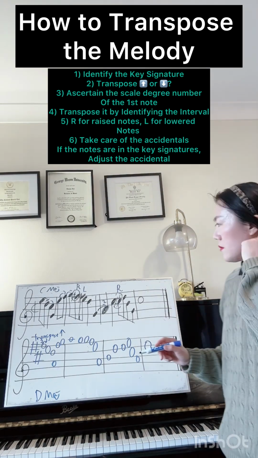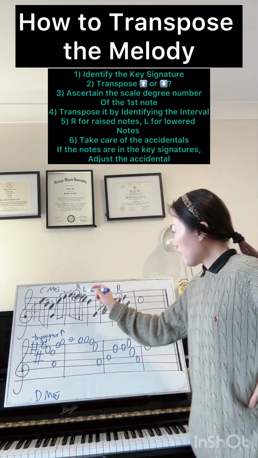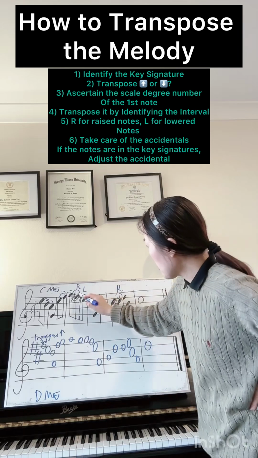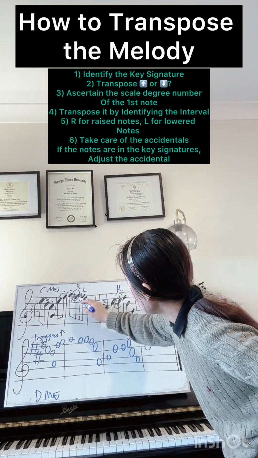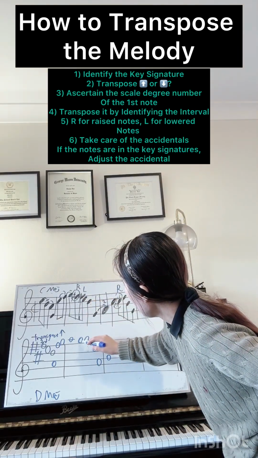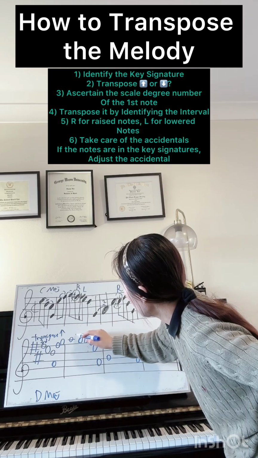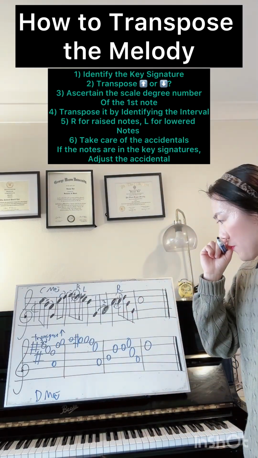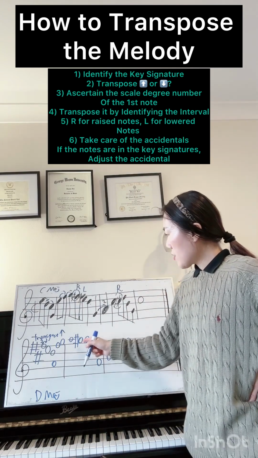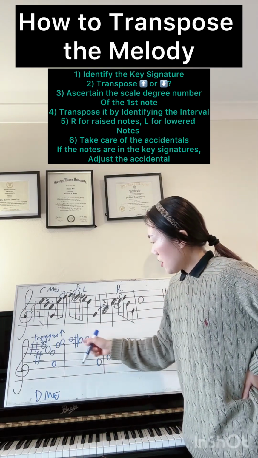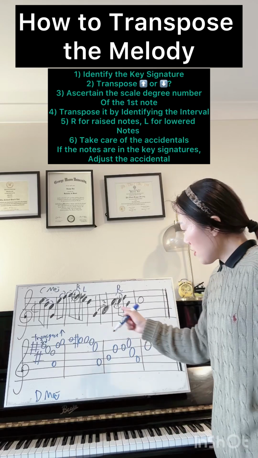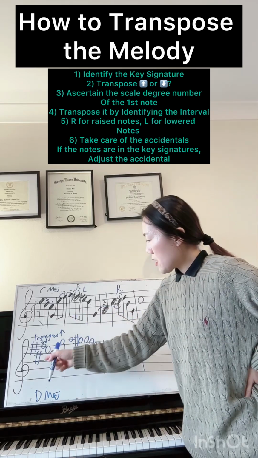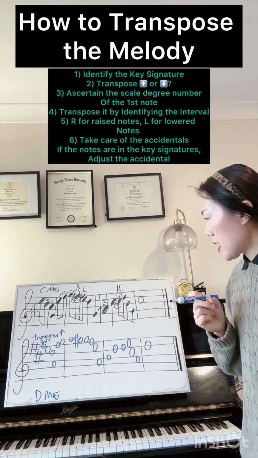So all good. So now we have to take care of those notes having raised and lowered, right? So let's go with the first one that has been raised by a semitone. So this one we need to raise by a semitone, so I need a sharp there. It depends on the key signature, so you have to check whether the notes that you're trying to raise or lower are part of the key signature or not. If they are, then you have to adjust the accidental, okay?